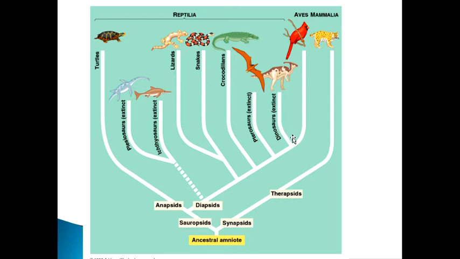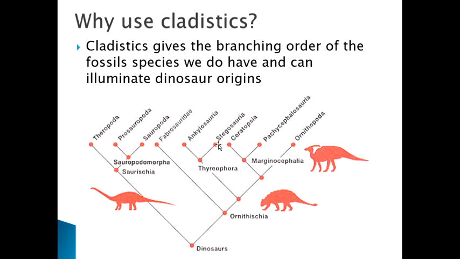detailed cladogram of just the dinosaurs. And when you look at this, I'm going to give a brief explanation of how it works. Every one of these little dots, you notice, is placed where there is a branching. So a dot right here at the bottom for dinosaurs, 2 branches. A dot here for this thing called Ornithischia, 2 branches. Each dot is called a node.